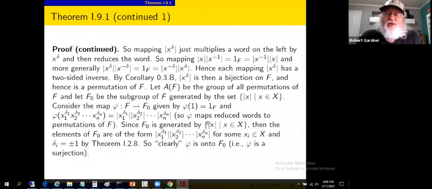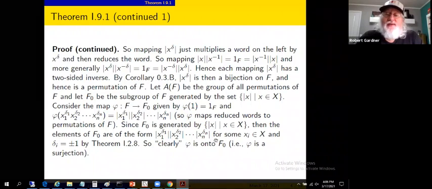The fact that F0 is generated by these things, and we went into a group of permutations, so I can talk groups in this setting, allows us to include the mappings with the -1 exponents. So the elements of F sub 0 will be of this form. It would be products of powers of the elements in the generating set. And that's what Theorem 1.28 tells you that elements of a group look like.